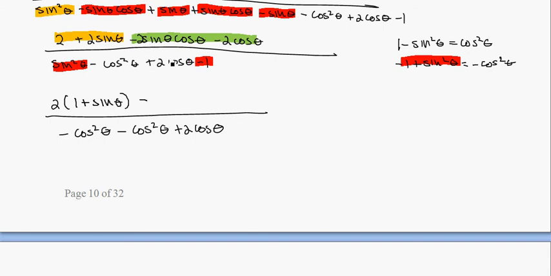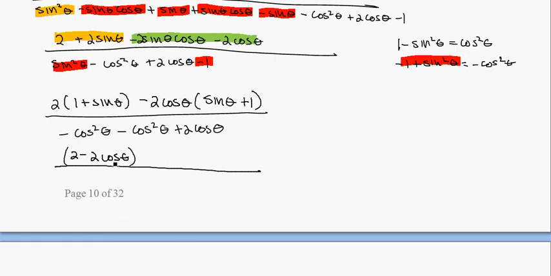I take out a negative 2 cosine theta, so negative 2 cosine theta gives me sine theta plus 1. And so now I have 2 minus 2 cosine theta and 1 plus sine theta. And now this is negative 2 cosine squared theta plus 2 cosine theta. So I'm going to take out a 2 up here and take out a negative 2 cosine over here.